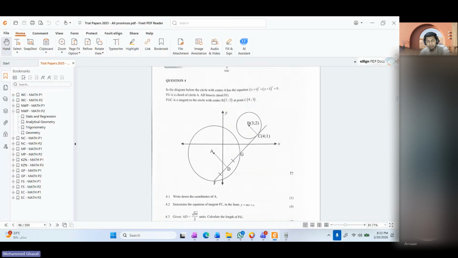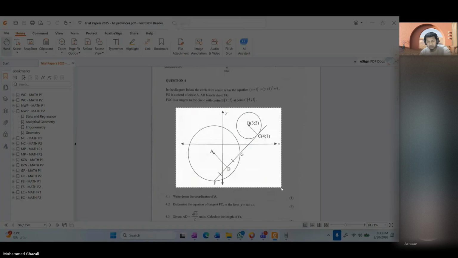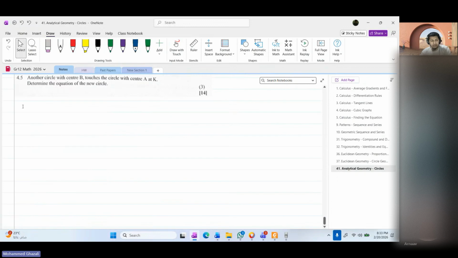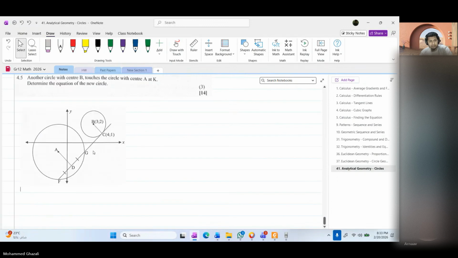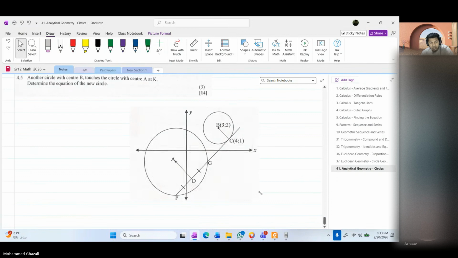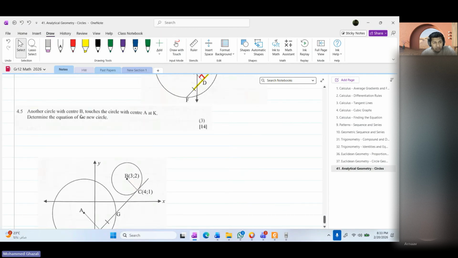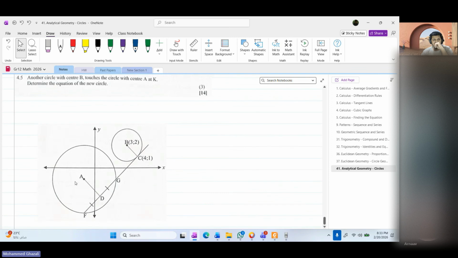Let's take this diagram and fill in the information they're giving us. We have to use everything above that we solved. Don't forget anything.